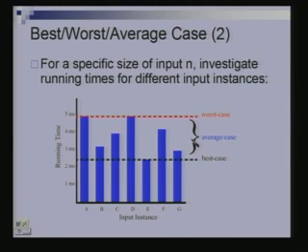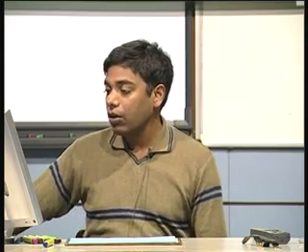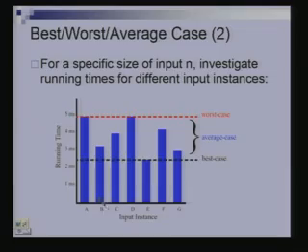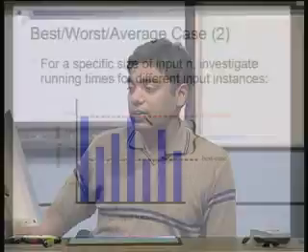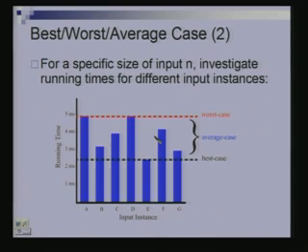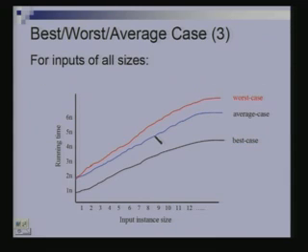So that was for inputs of one size n. That would give us the values of, we can then therefore compute worst case, best case, and average case. Right? Now, if I were to consider inputs of all sizes, I can then create a plot of this kind.